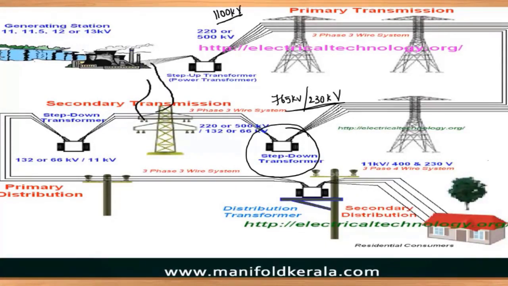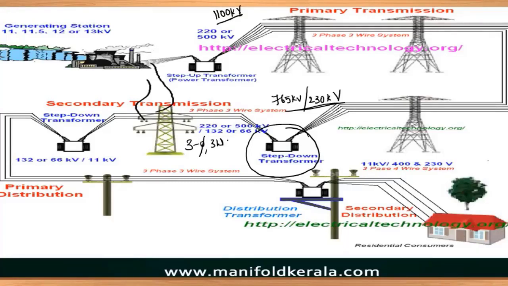So the intermediate substation steps down the very high transmission voltage to a lower voltage in the range of 220 kV, 230 kV, or 110 kV, depending upon the requirement. Again secondary transmission happens, where again it is a three-phase, three-wire system. That means in transmission, there will be only three conductors.